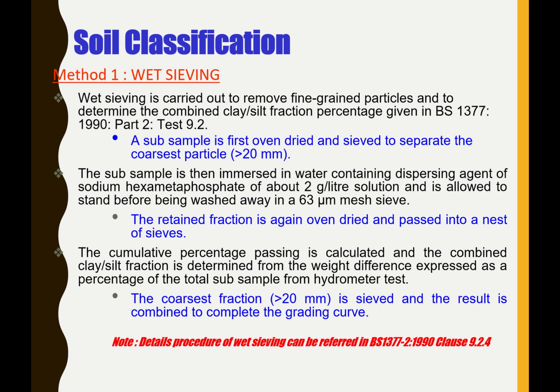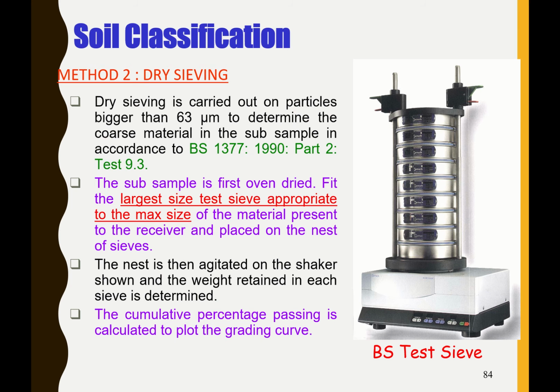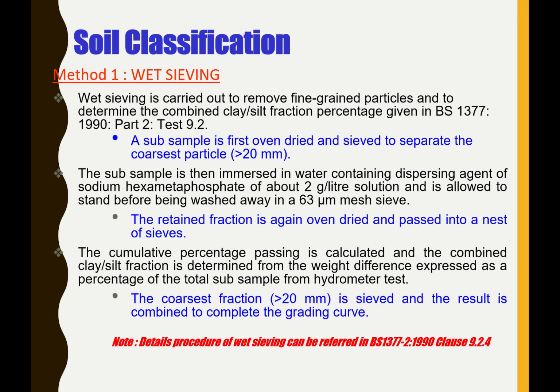To compare with the sieving method, this is the wet sieving method. If you are using a sieving pan for dry sieving, for the hydrometer test we are using the suspended concept of material, and then we calculate the times of sedimentation.